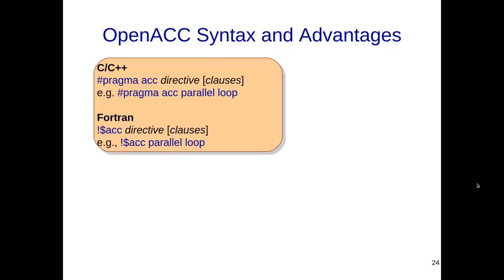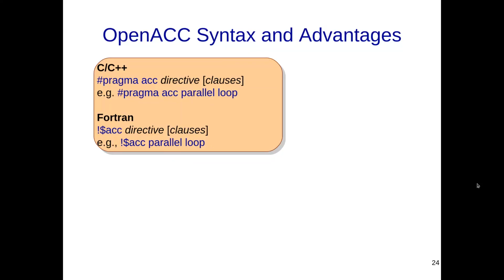The Fortran syntax is very similar, and from what I know, there is at least one person in our group who is working with Fortran. So I'll specify that here. Bang $ACC: bang specifies a comment in Fortran, but this is a special type of comment, very similar to our Javadoc comments, right?